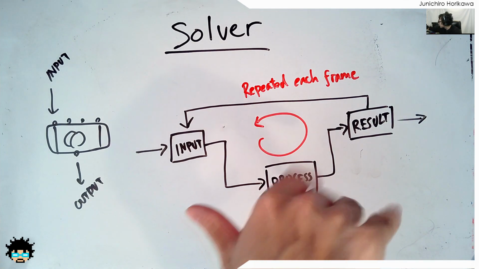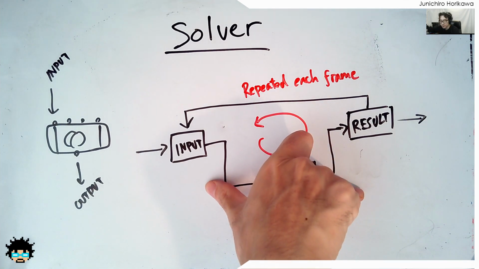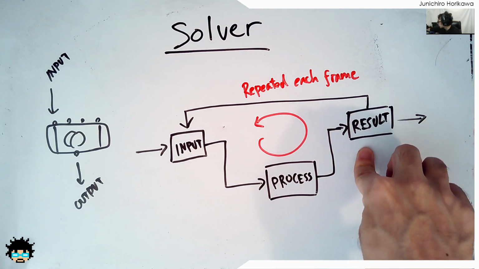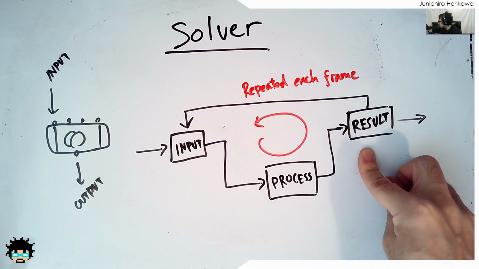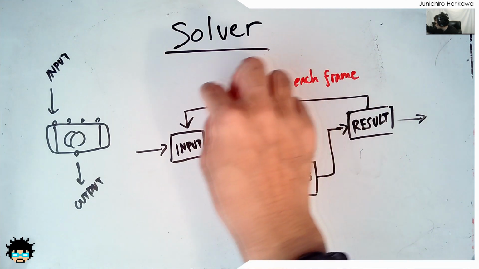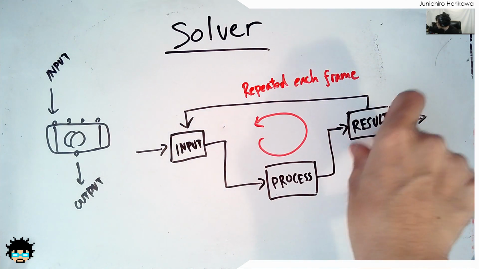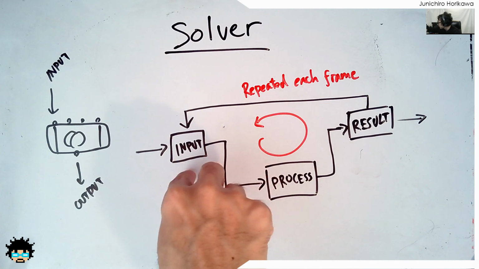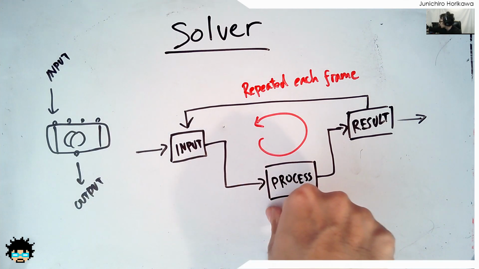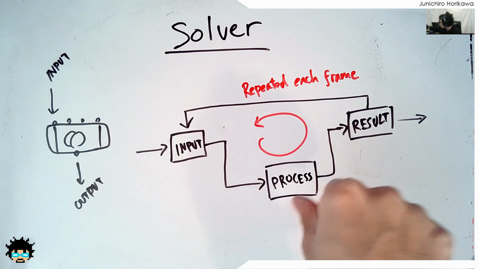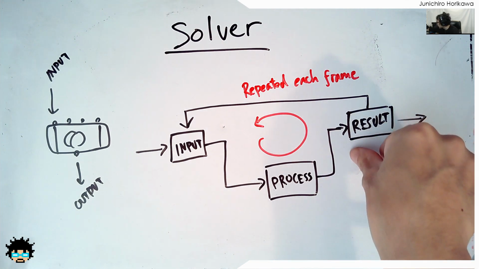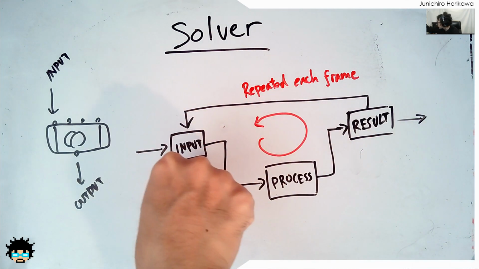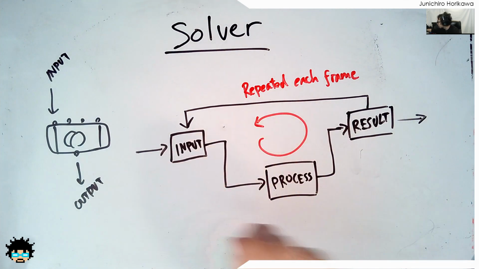Now let's say this is calculated in first frame. Now after you got the result on the first frame, you can go to the next frame by going back to the input and use the result as the new input in the next frame and use it to do the same process and get the new result, and do this again on the next frame and continue until the frame stops.